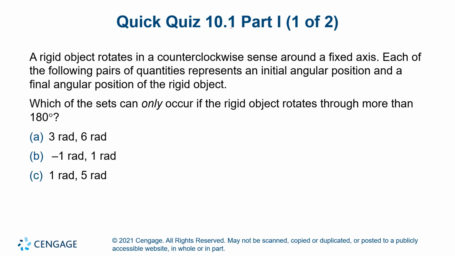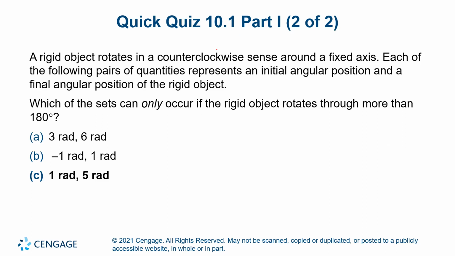Each of the sets can only occur if the rigid object rotates through more than 180 degrees. So the answer is letter C. Why is that? For a rotation of more than 180 degrees, the angular displacement must be larger than pi, which is equal to 3.14 radians.